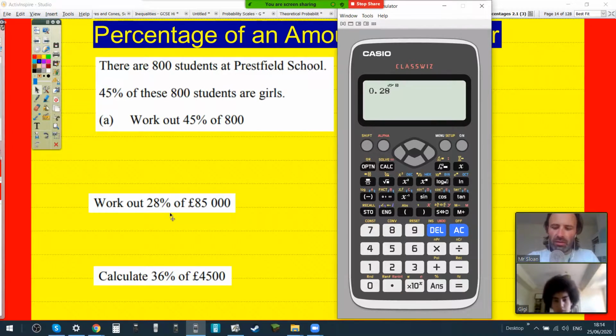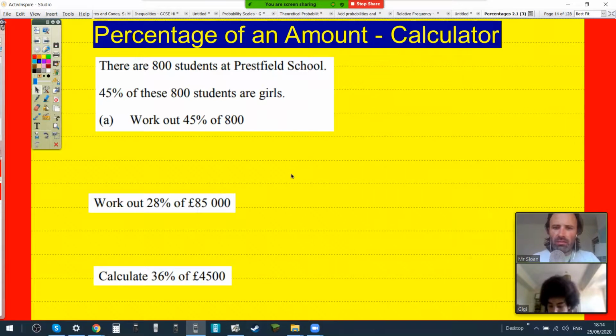And so you can do 0.28 times 85,000. So try that on your phone. 23,800. That's great.